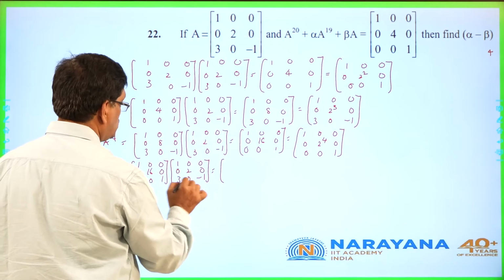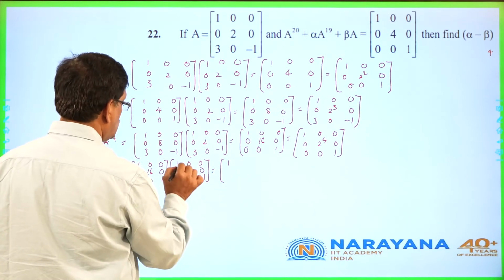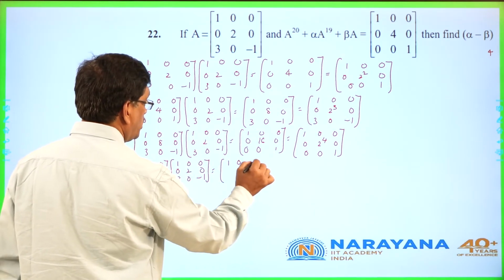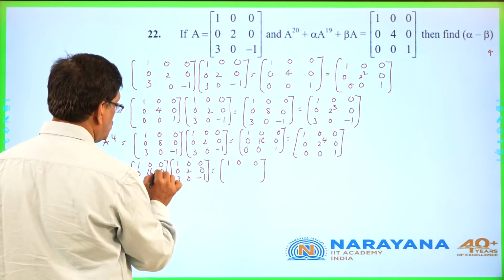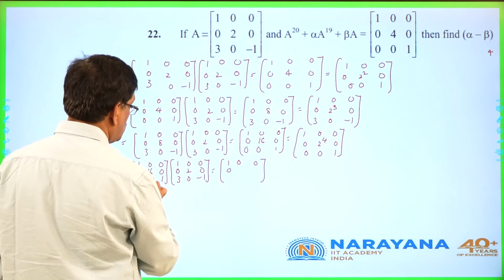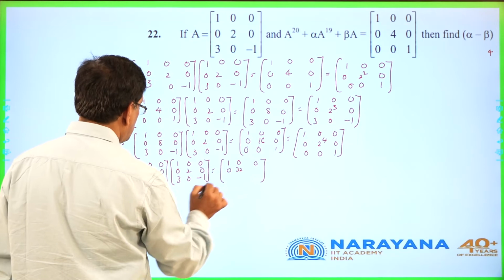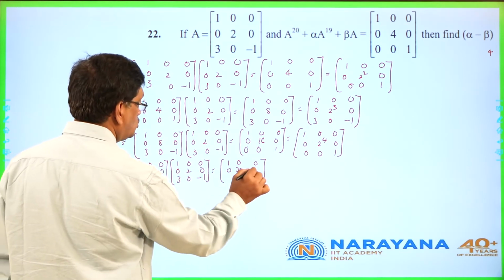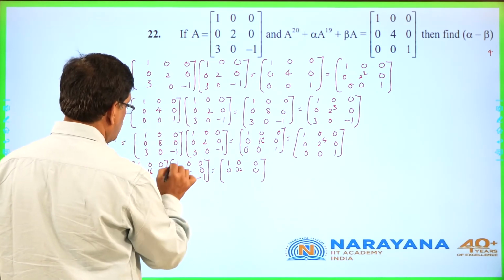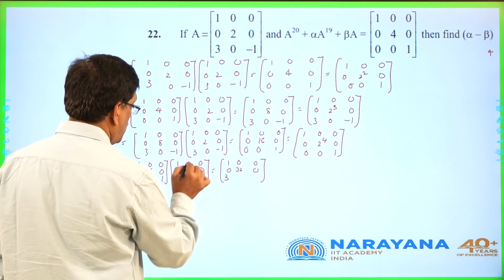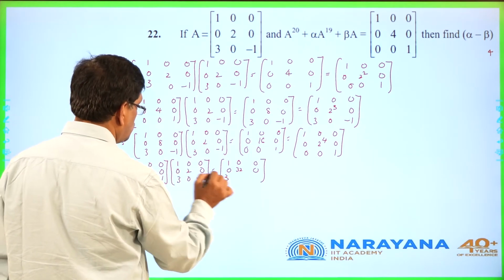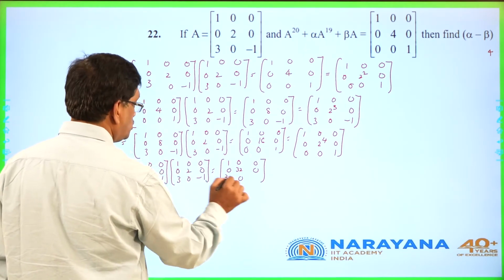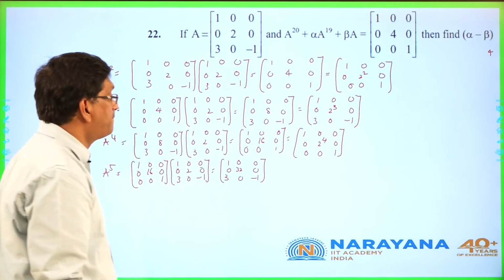It is 1, 0, 0, 0, 32, 0, then 3, 0, 0, 0, 0, minus 1.